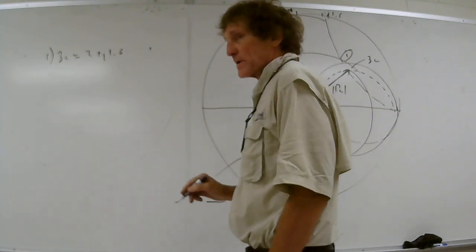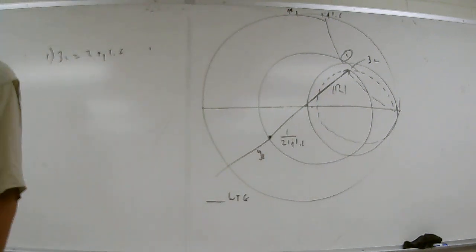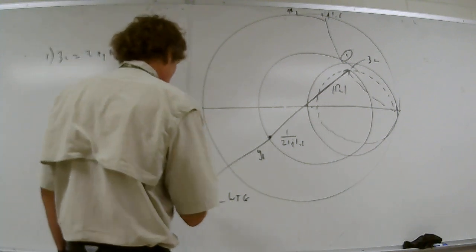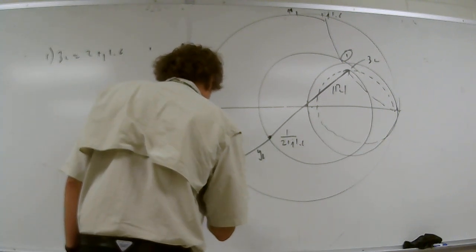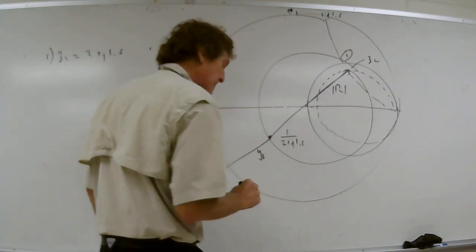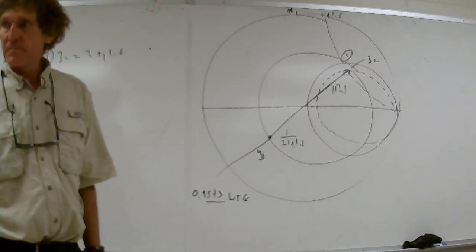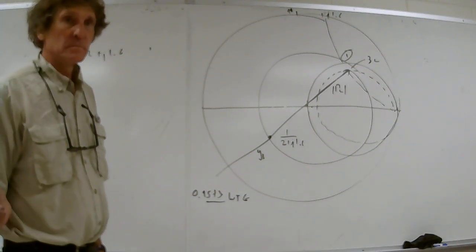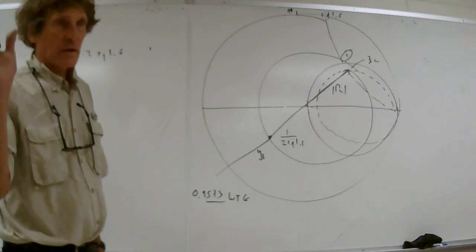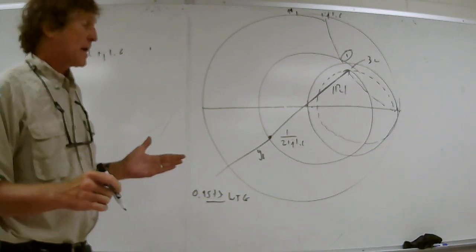This value is important. Can you give that to me? 0.457 lambda. About that, guys? These numbers are from his answers. Okay, good. All right, we got that.